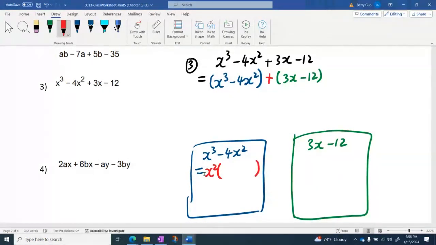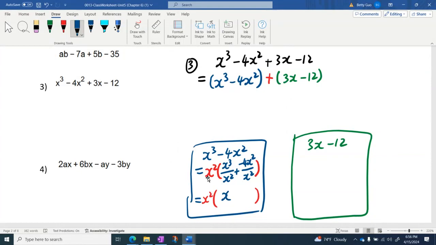Who would help me to figure out what's in the parentheses? Well, the technique I taught earlier: use the original term 1 over the GCF plus original term 2 over the GCF. And then you're going to simplify in the next step. X cubed over x squared, x.